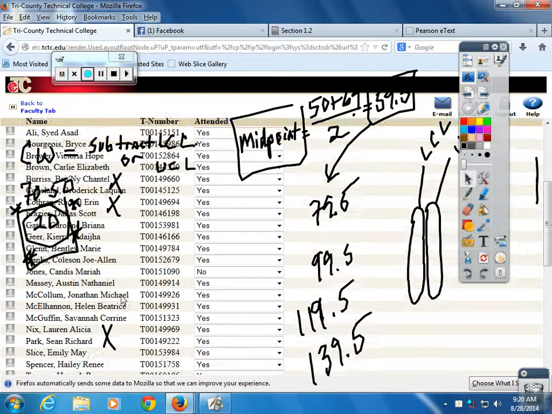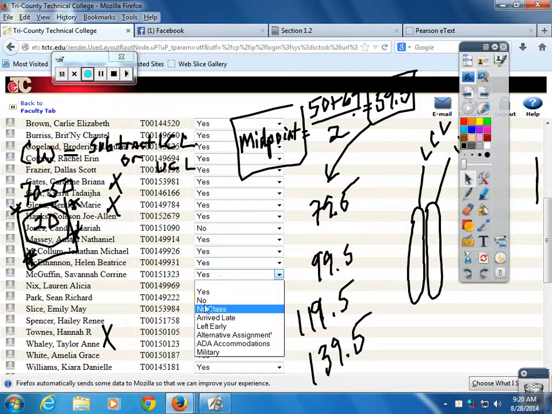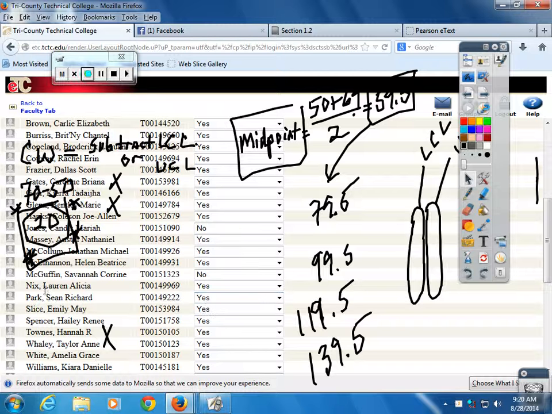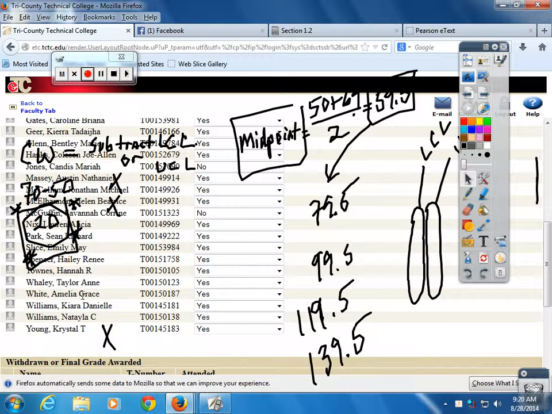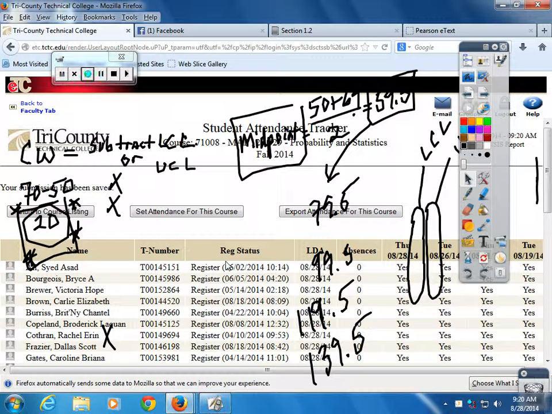McElhannon? McGuffin? Nix? Hart? Slice? Spencer? Towns? Whaley? White? Two Williams? I love doing that. Young? I got one class that's got like four people named Smith or something, and I say, okay, they go here. It's real cute.